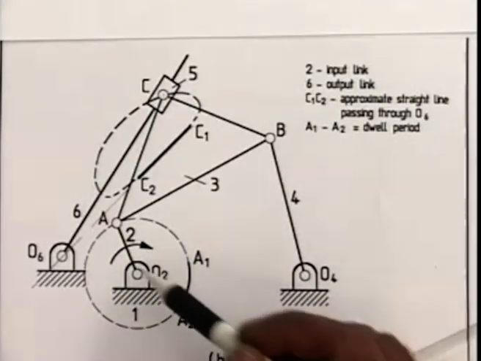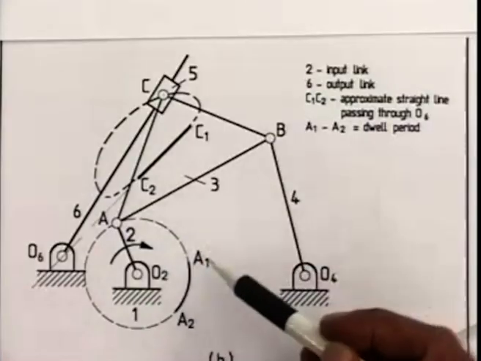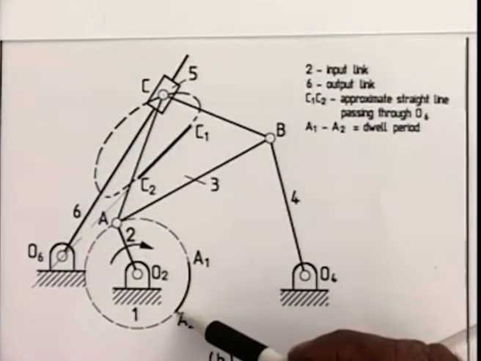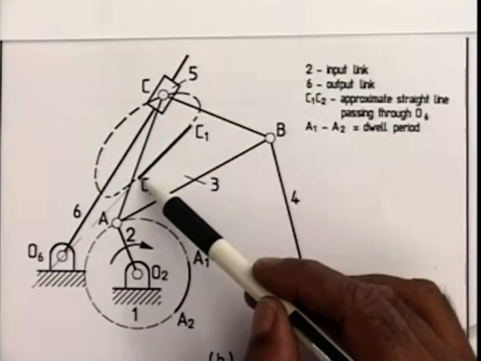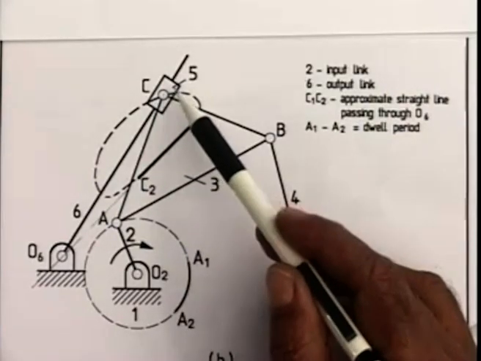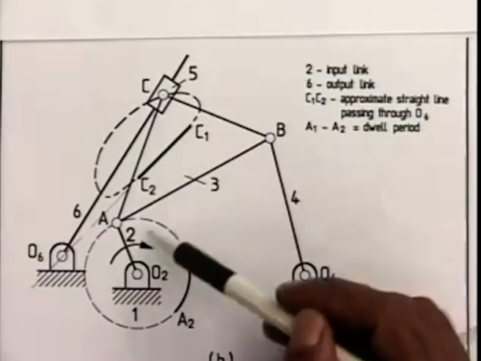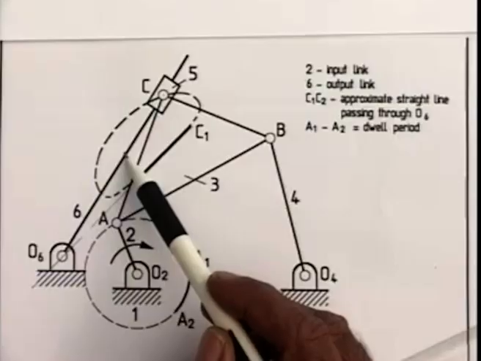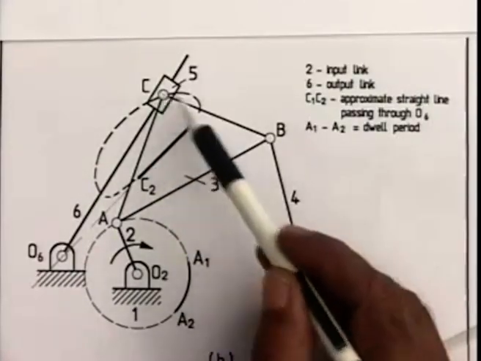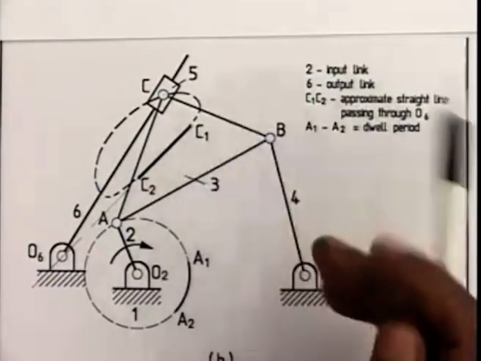During the motion of this crank, as the crank pin A comes from A1 to A2, the coupler point C moves from C1 to C2. Because there is a prismatic pair between link 5 and link 6, during this portion of the movement of the input link, the output link 6 does not move, as the coupler point C goes along this straight line.